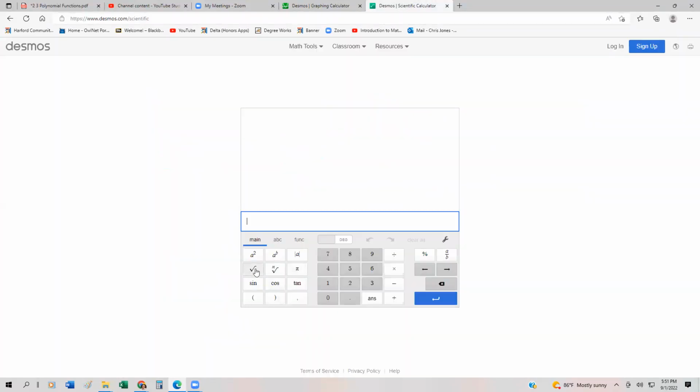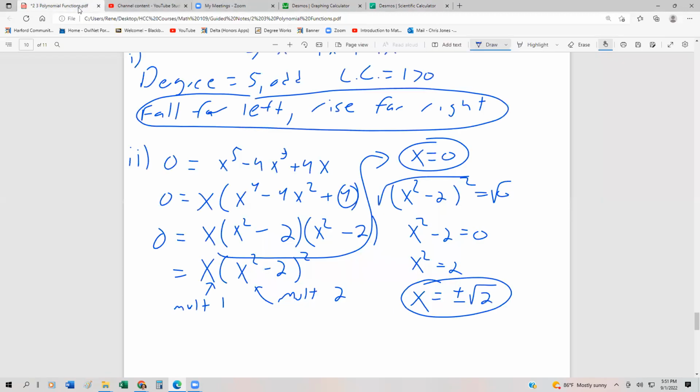Okay, so we get x equals plus or minus the square root of 2. Now, it's probably best if we figure out that the square root of 2 is about 1.41. So we just take the square root of 2, and we get 1.41. All right, but that's helpful for us because we need to graph it. Okay, so it's approximately plus minus 1.41. All right, and remember, the multiplicity is 2 there.